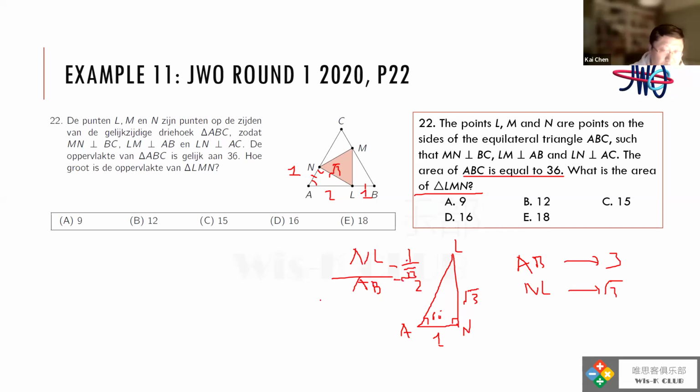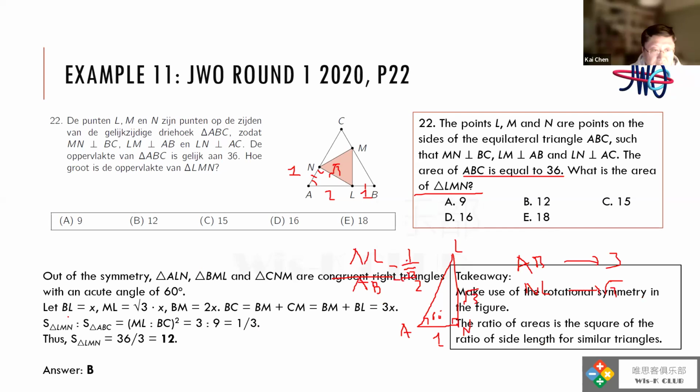The square is the ratio of the areas, so the ratio of the areas will be 1 over 3. You know the area of ABC is 36, so then the area of LM is 12.